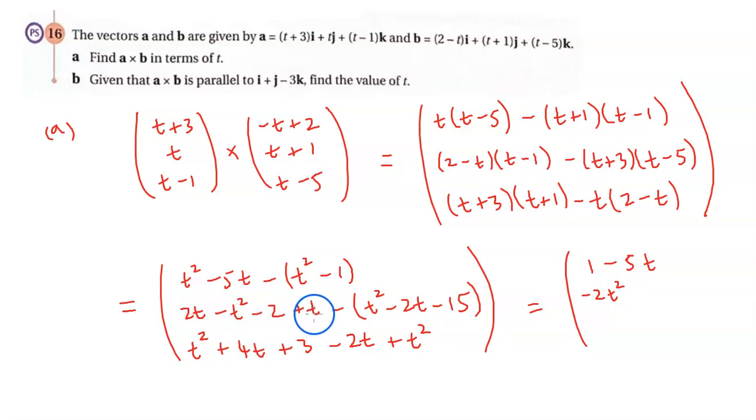So 3t plus 2t, so that would be plus 5t. And then lastly, we got minus 2 plus 15, so that will be plus 13. And then it's 2t squared plus 2t plus 3.